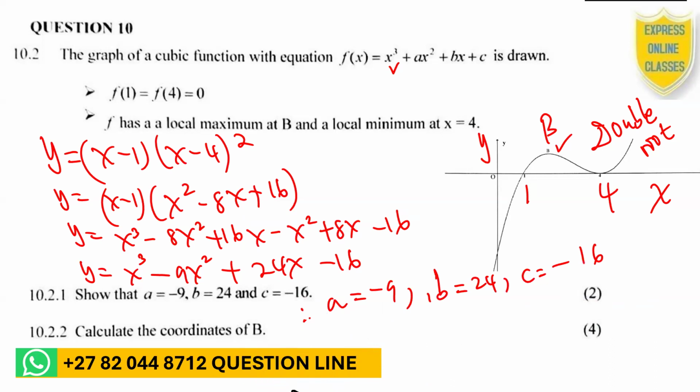The next thing is you need to find the coordinates of B. Can you try the coordinates of B?